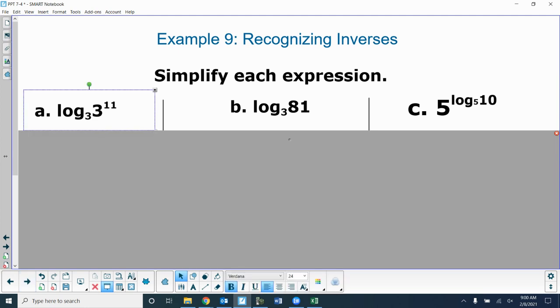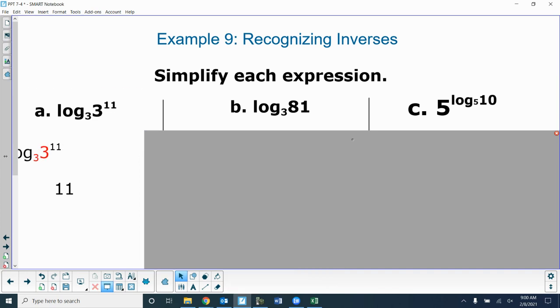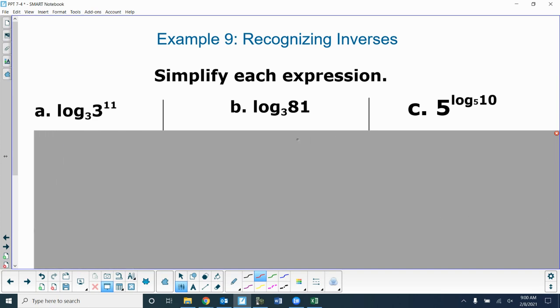Those the same? Yeah. So what's the answer? 11. Yeah, just 11. Okay, those cancel. Okay. What about C here? Got 5 to the log base 5 of 10. What's the answer? 10. That easy, okay?